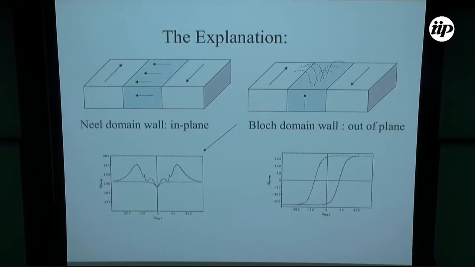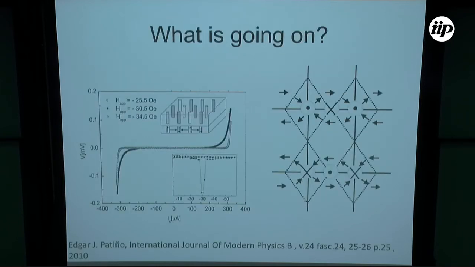What's the explanation? Basically, when you have thick cobalt layers, thick ferromagnetic layers, you have Bloch domain walls that point in the out-of-plane direction, and these stray fields would induce vortices inside the structure. Here you have a cartoon of what's going on in this structure, and how you explain the critical current measurements.